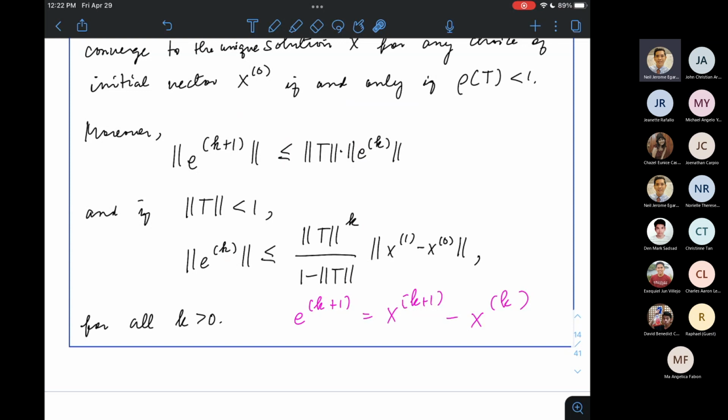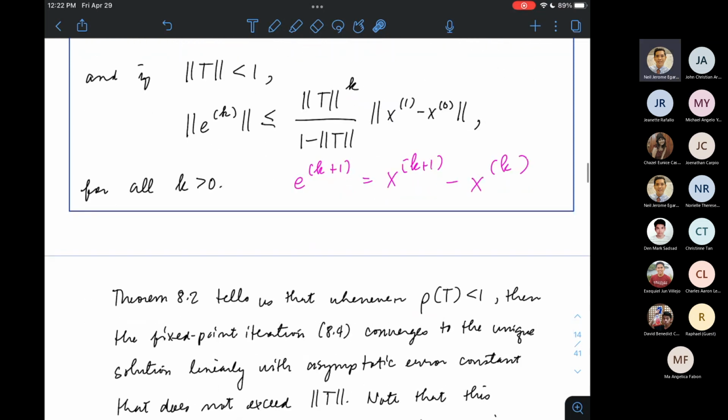Kasi yung error on any iteration is a multiple of the error on the first iteration. Of course, the scaling is a power of the operator norm of T to the k all over 1 minus the operator norm of T. Okay? So take note of this error bound. So baka lumabas sa susunod natin na problem set. Siguro dun sa objective part. So paglalaruan ko itong mga equations na to.